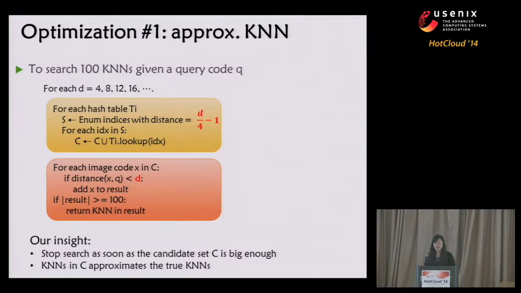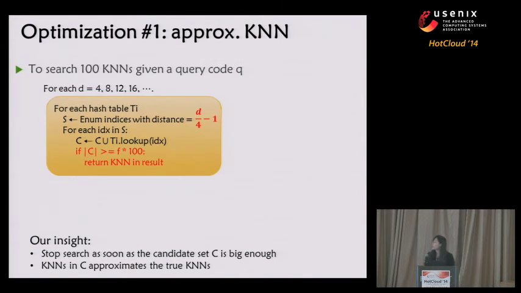Therefore, our insight is to stop the search as soon as the candidate set C is big enough. To do so, we remove the check in the red box, and then move the stop condition check into the search procedure in each hash table.